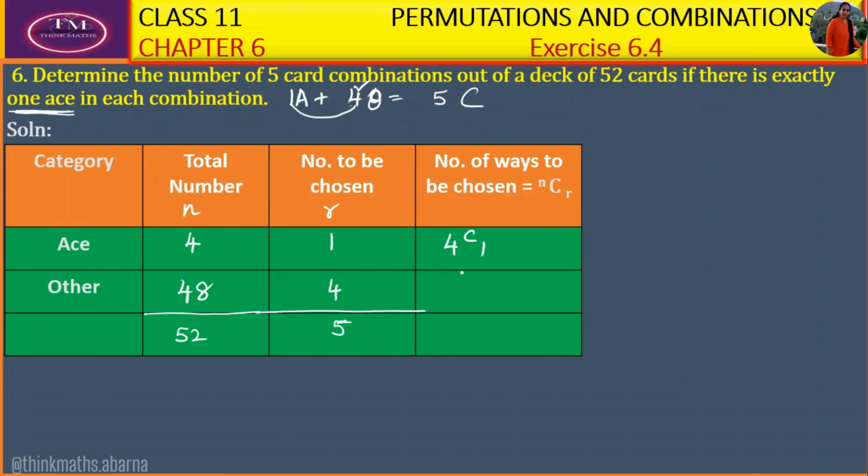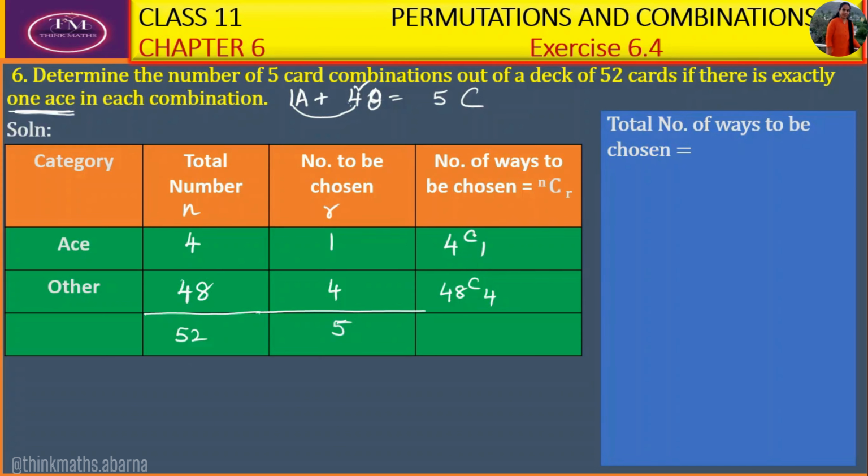From 48 cards, we will be choosing 4 cards. So what will be the total number of ways? As usual, we have to multiply both of these. So 4C1 into 48C4 will give the number of ways of choosing 5 card combinations out of a deck of 52 cards with one ace in each combination.